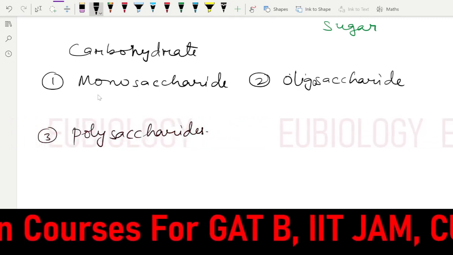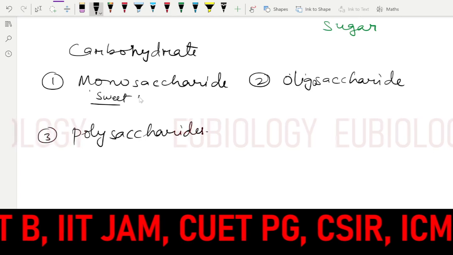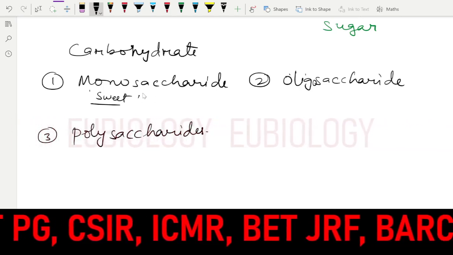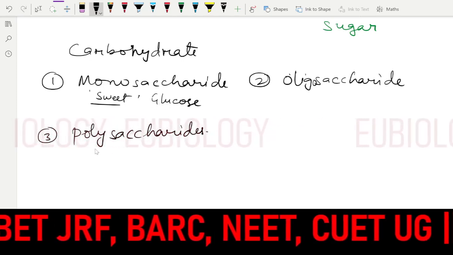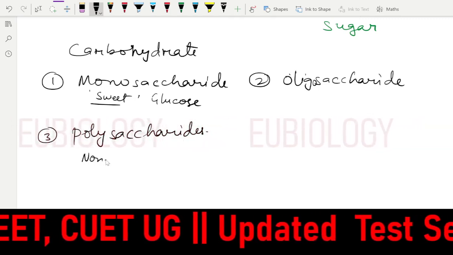Monosaccharides are the sweetest. They usually give a sweet taste, and the simplest monosaccharide is glucose. Polysaccharides are usually non-sweet.